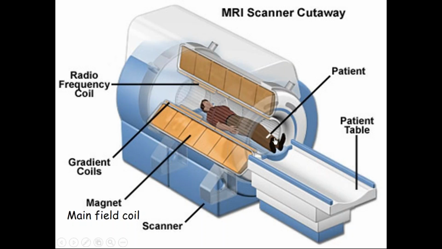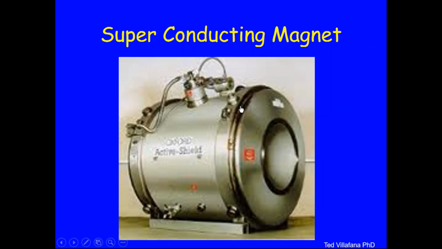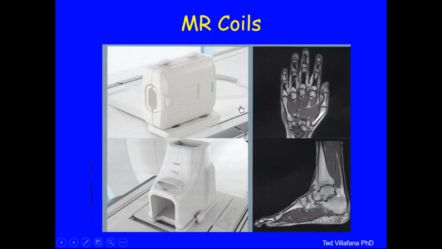Okay, so you don't see the shim coils in this setup over here, but they are located at various points within the gantry to help homogenize the magnetic field. Okay. Well, this is what it would look like without the pretty facing. Head coils, some foot coils, hand coils, whatnot.